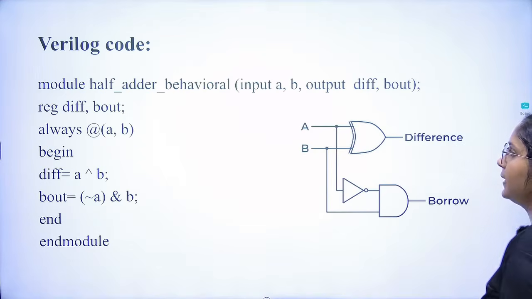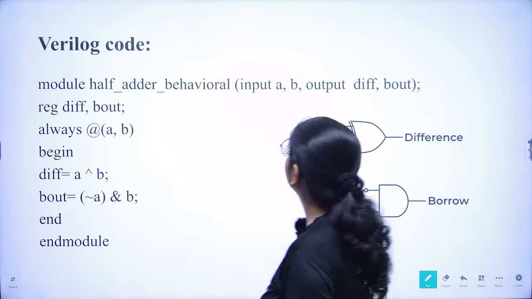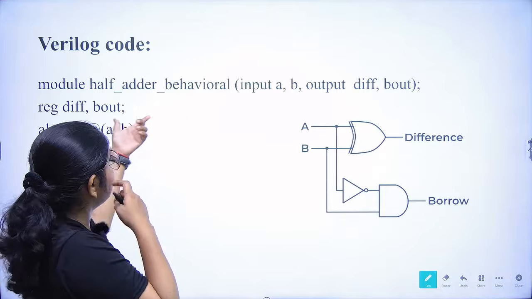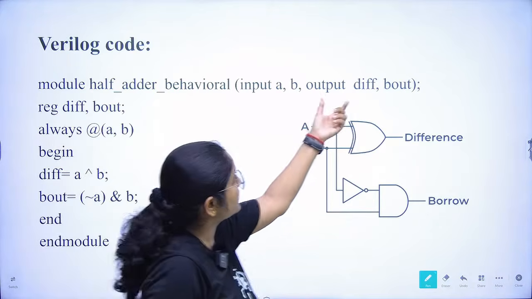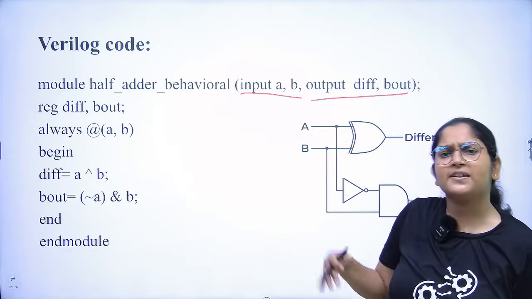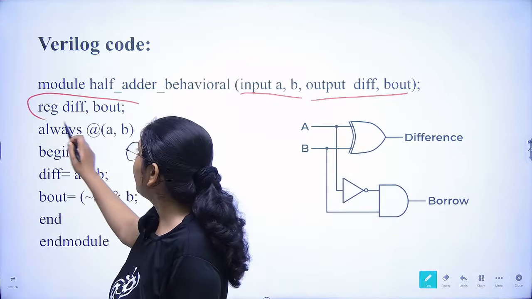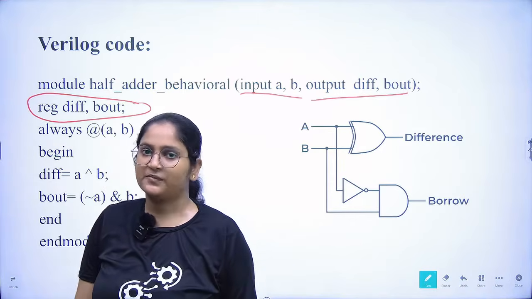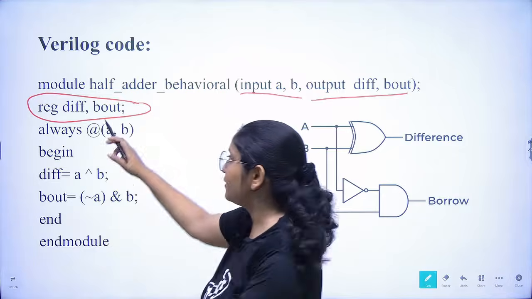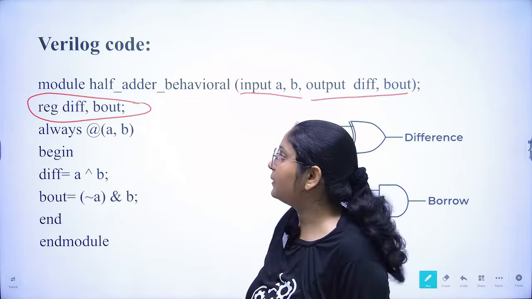Let's write this also. See what is happening here. Now instead of declaring my ports separately, I declared all these ports here, right? Like what are the input ports, what are the output ports? I declared them here only. Now what I'm doing here, I have written reg, right? Reg and the outputs, diff. I have taken the name as diff and B out, the borrow output. Okay.